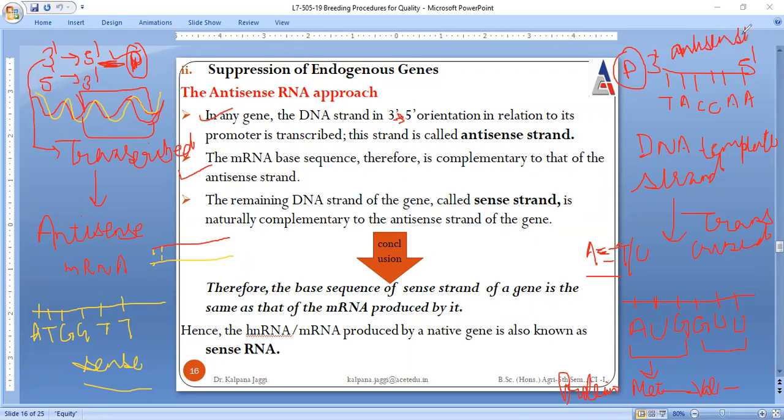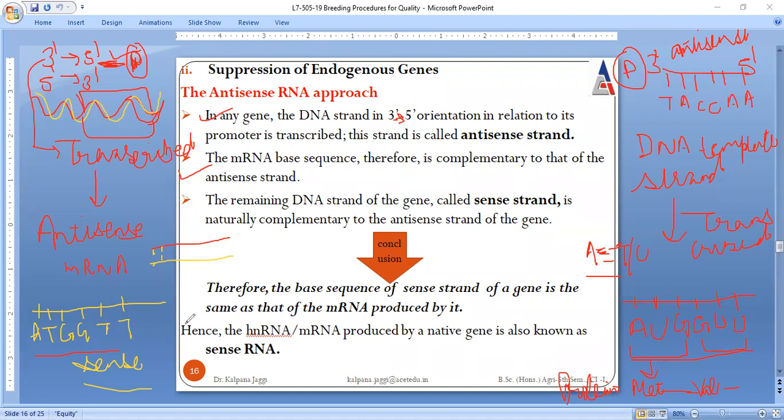but there is one similarity between the mRNA that is produced from the antisense strand and the normal sense strand. You could see the base sequence of the sense strand is the same as that of the mRNA that is produced by the antisense strand.